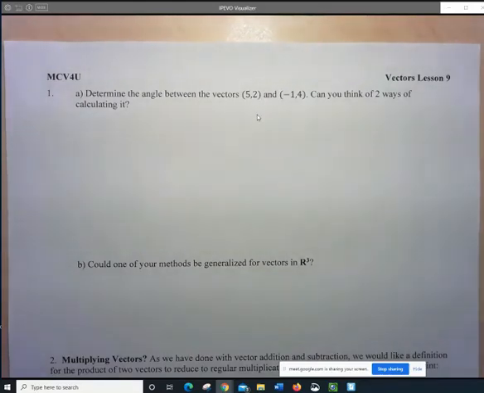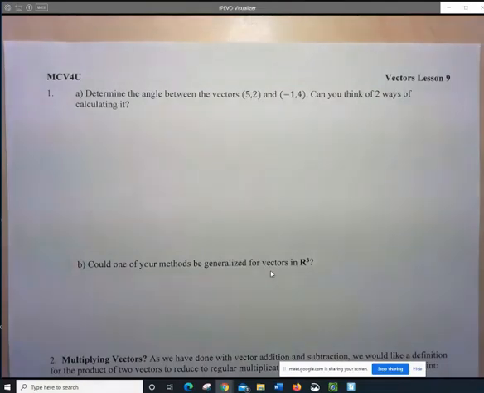Okay, so that's the first thing I'm going to ask you to do: find a way to determine the angle between these 2 vectors. I'm actually going to ask you to think of 2 ways of doing it, and whether one or both of those ways can be generalized for 2 vectors in 3D. I will tell you right off the bat that one of the things to get out of this process is to realize how finding the angle between 2 vectors is a bit of an annoying process.